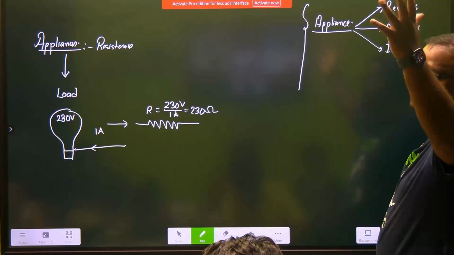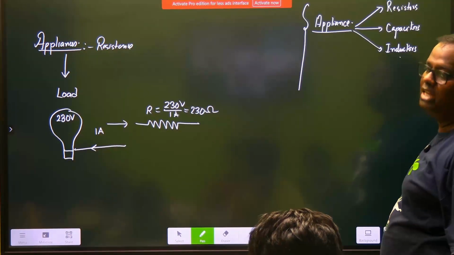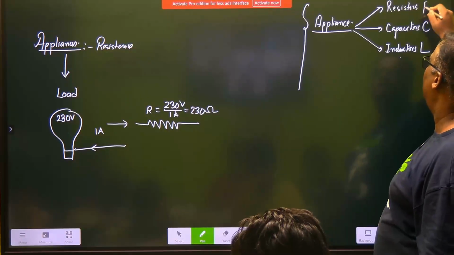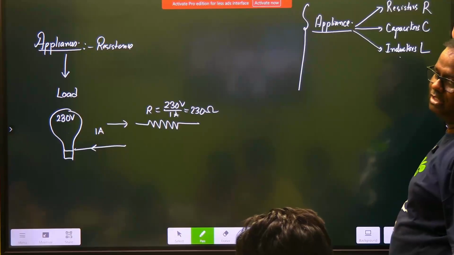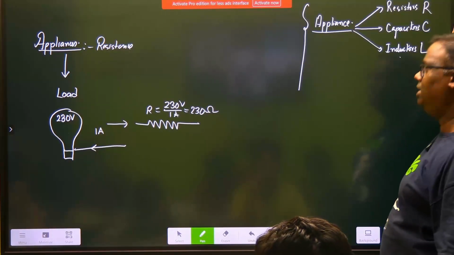Like a fan has got a motor. Motors and other devices are usually classified as inductors. In electricity this is L, this is C, this is R. So finally, the entire house circuit is an RLC circuit. Sir, we have a Sony PlayStation, the disc one.